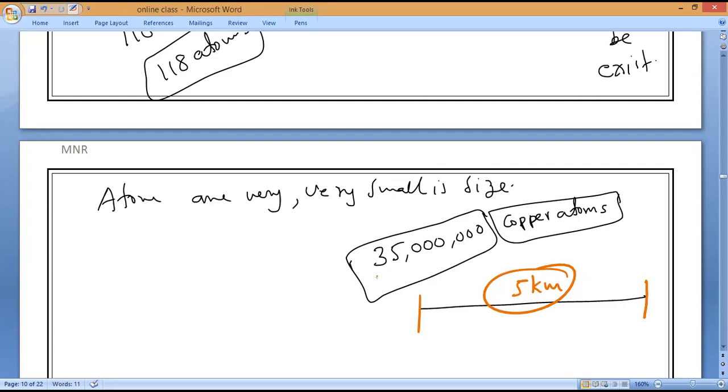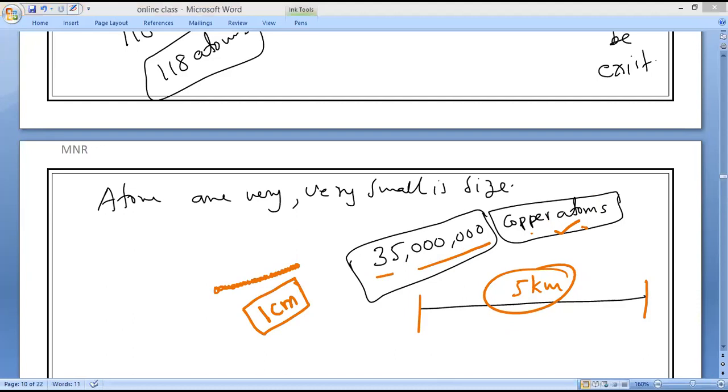Now, 3 crore 50 lakh atoms, if we arrange them side by side, imagine copper atoms, you will get a distance of only how many centimeters? 1 centimeter. Is that small or big?